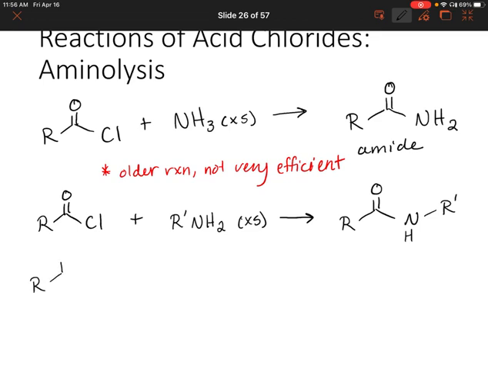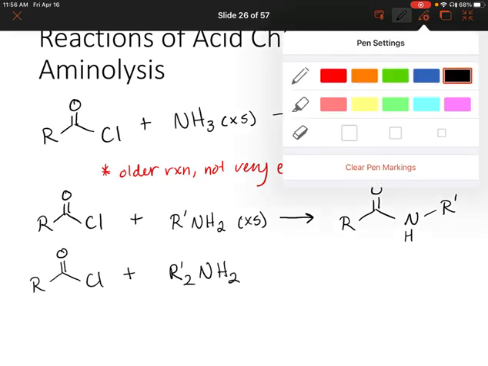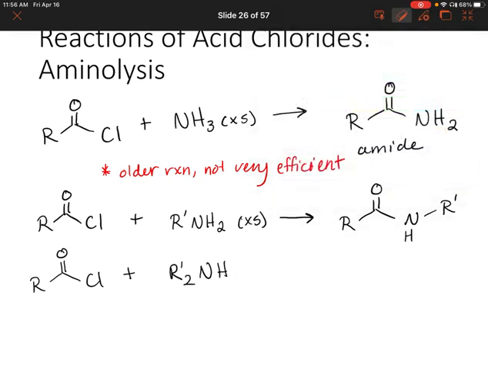And then you can probably guess that if we want to form a tertiary amide, we add a nitrogen group that's bonded to 2 alkyl groups. Oops, I drew too many hydrogens. There'd only be 1.